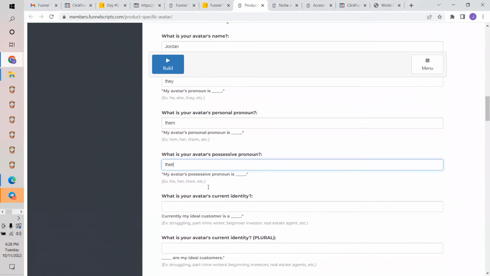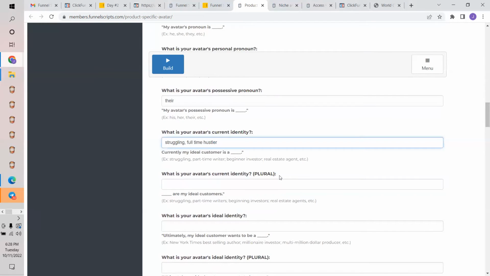And then the avatar's current identity. So what is my avatar's current identity? Well, my ideal customer is a struggling full-time hustler. Someone who has been busting their butt day in, day out, living paycheck to paycheck, who wants a better way at life.